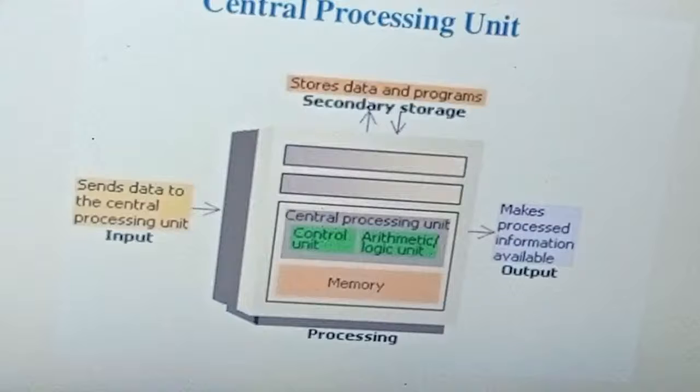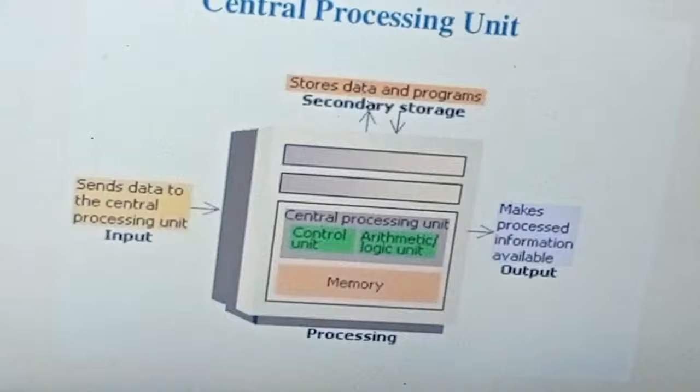The ALU is given control and performs the actual operation on the data.